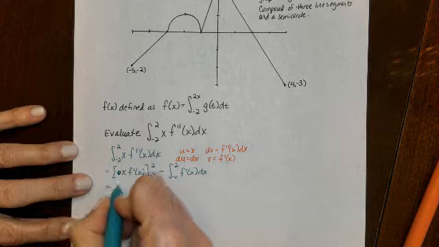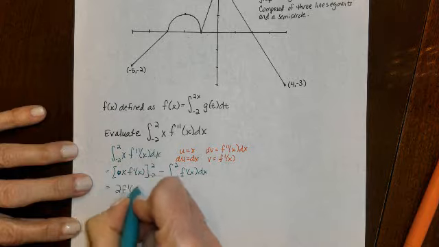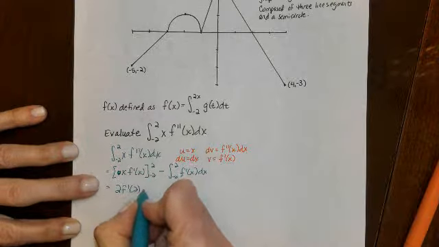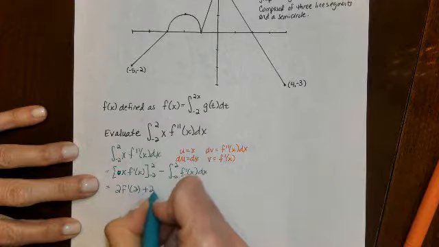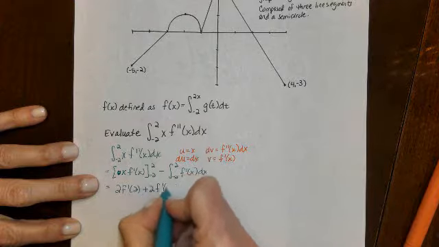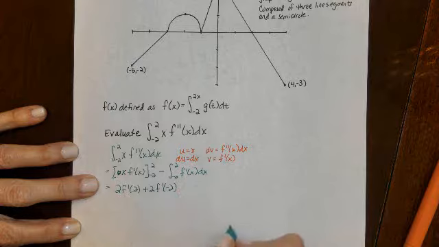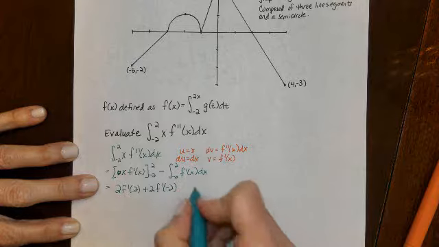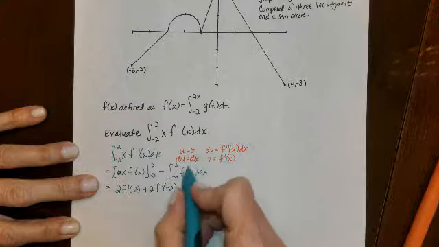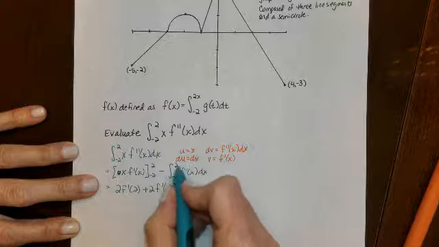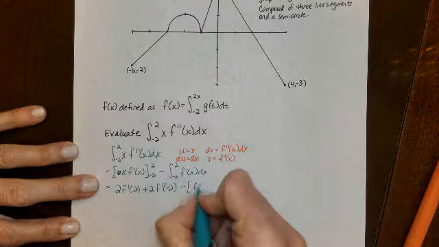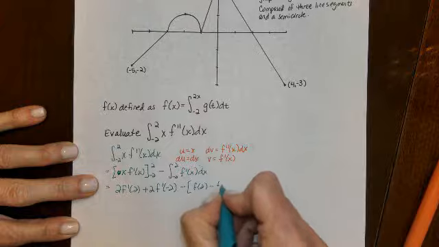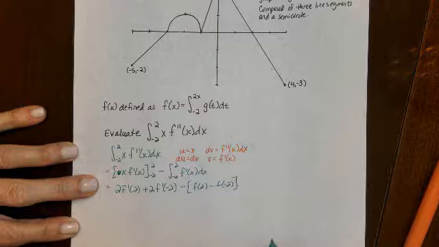So this is 2f prime of 2 minus a -2 f prime of -2 minus, okay, first fundamental theorem here, f of 2 minus f of -2, first fundamental theorem.